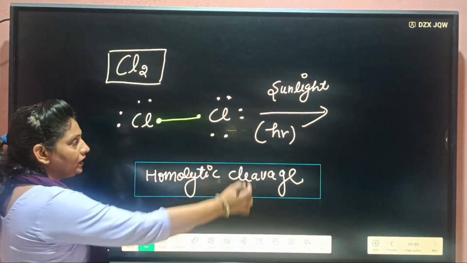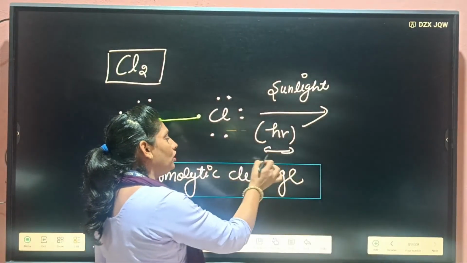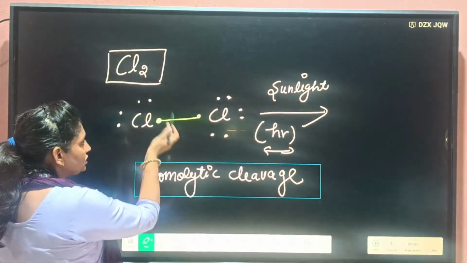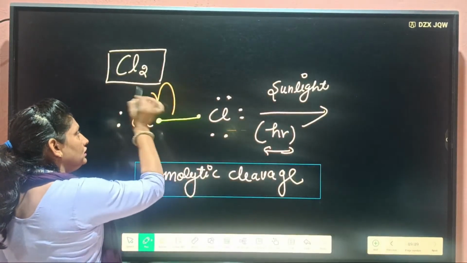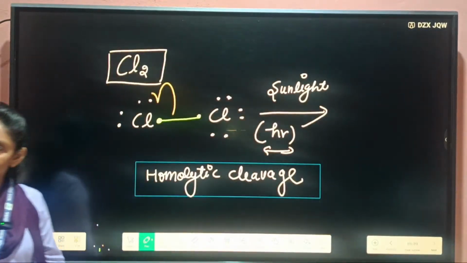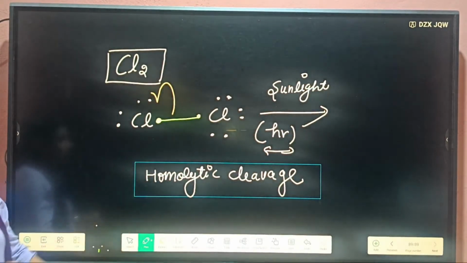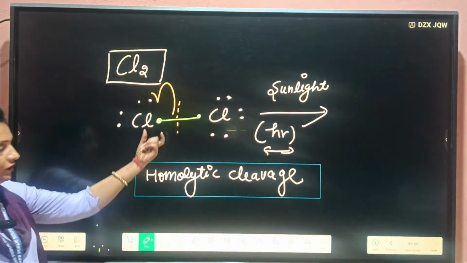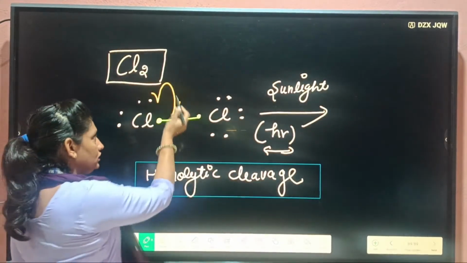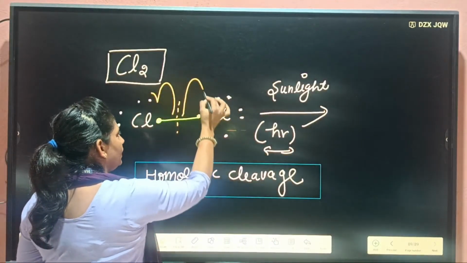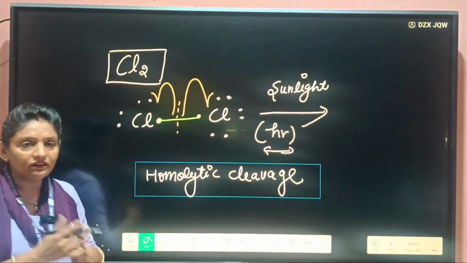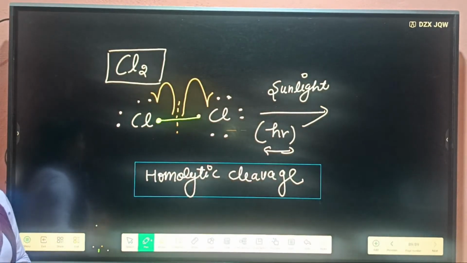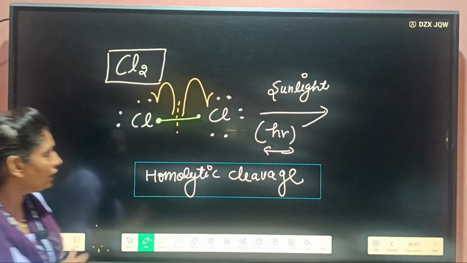What will happen? When sunlight falls on this one, the electron which is shared by this one is accepted by this one also. This bond will break and homolytic fission will take place here. One electron is taken by this and one electron by this one, meaning equal distribution of electrons will be there. Then what will happen?